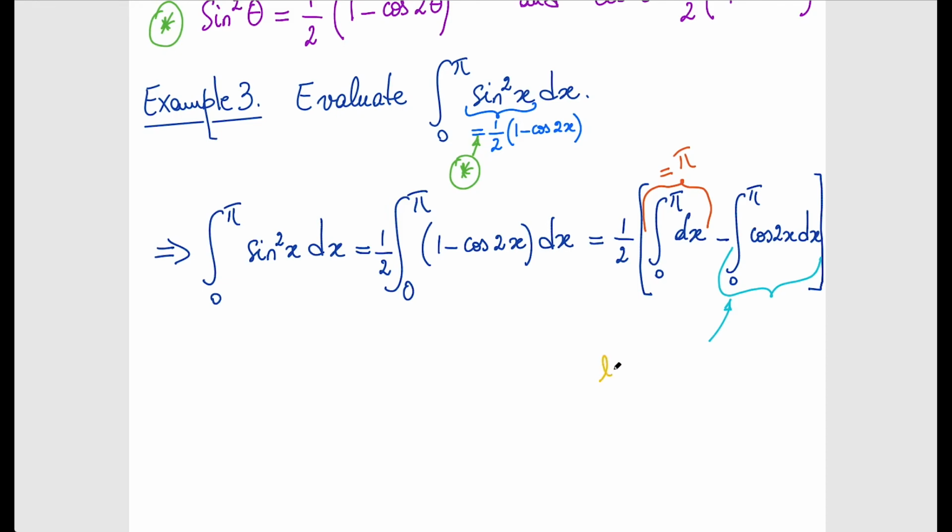I can let u be 2x, and this means that du becomes twice dx, which means half du is dx, right? Agree with that? So that's what's going to be used to evaluate this. I'm using u substitution for this integral, and 2x I'm labeling as u.